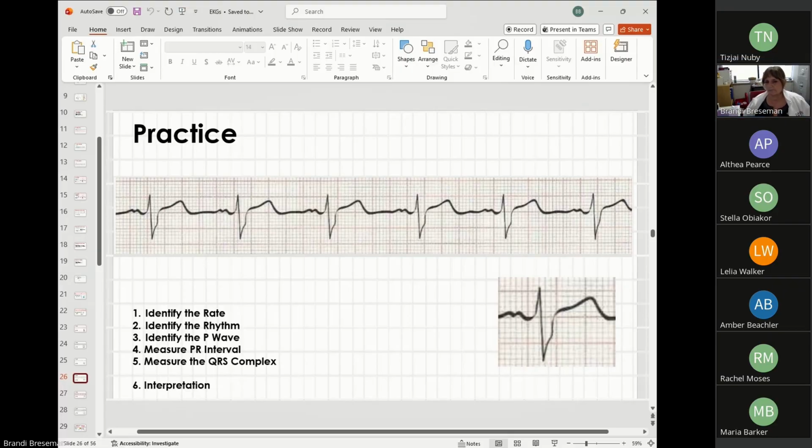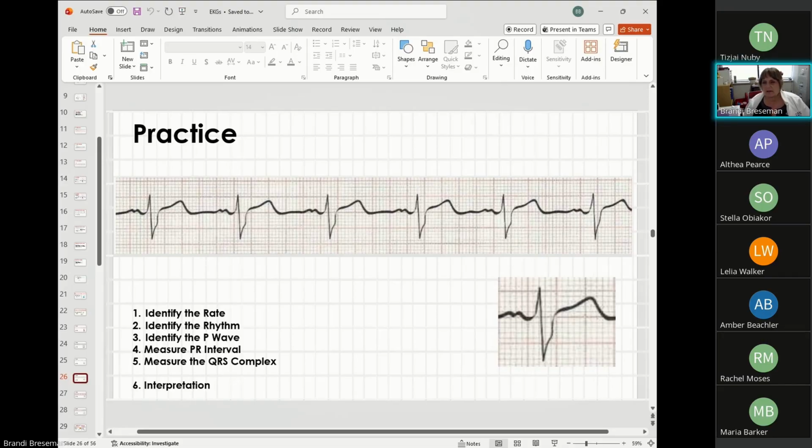Okay. But yes, there it is upright. It's in front of every QRS. The PR interval looks like about 4 boxes again, maybe 5, which would be 0.2, which is still within normal. My QRS complex looks like it's about maybe 3 boxes.